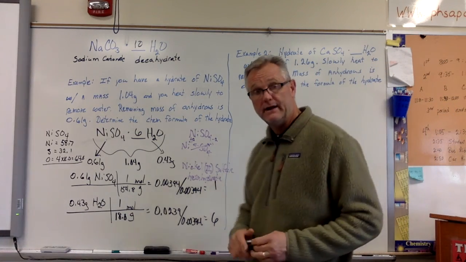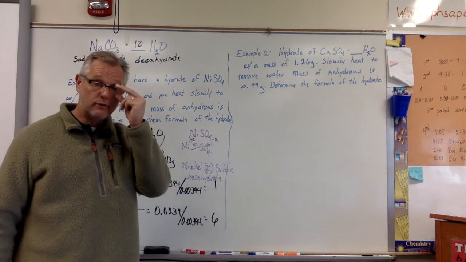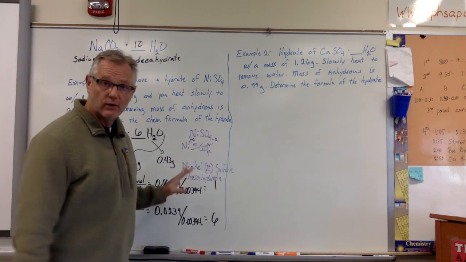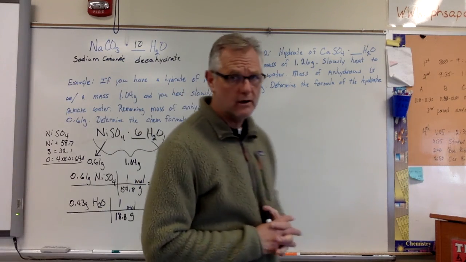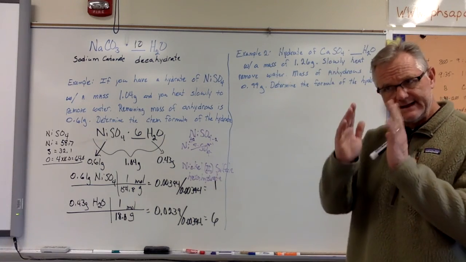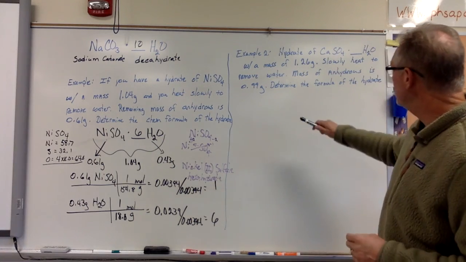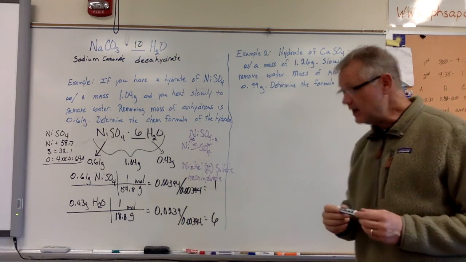All right. So in today's mini lecture, I want to go through and do example problem 2 for you. It's going to be set up the exact same way. Like I said in the previous video, I'm a very visual type learner. I like to see things laid out. So I'm going to read the problem and then lay it out exactly the way the first one was.